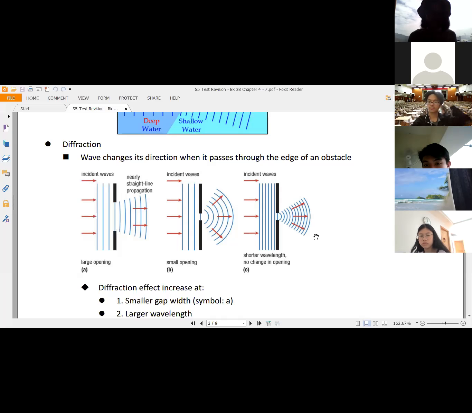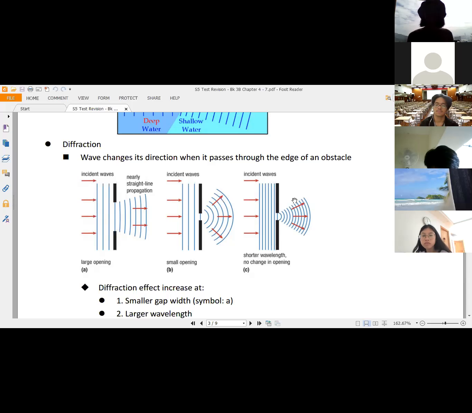Among these, you may see this is the strongest diffraction effect, and this is the weakest. We may compare the diffraction effect by the change of direction. Look at the first one: it only bends a little bit at the edge, but the last one becomes almost a circular wave, right? So this is how we compare the diffraction effect, and it depends on 2 factors.